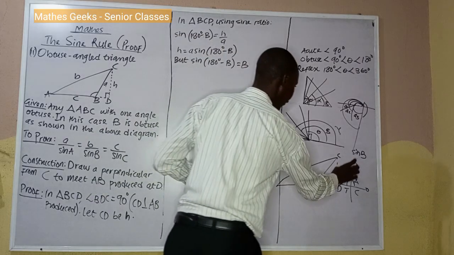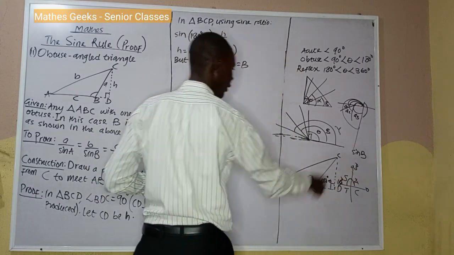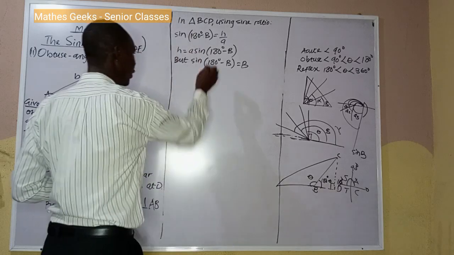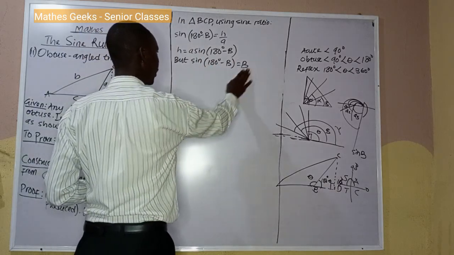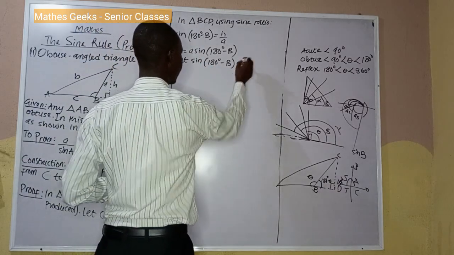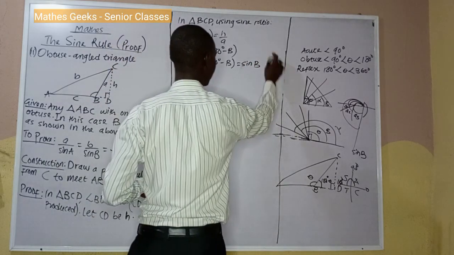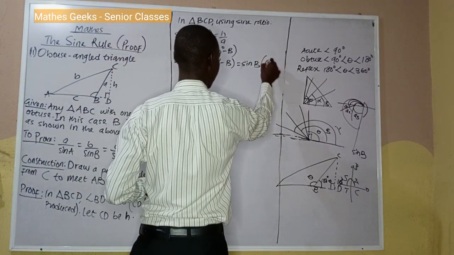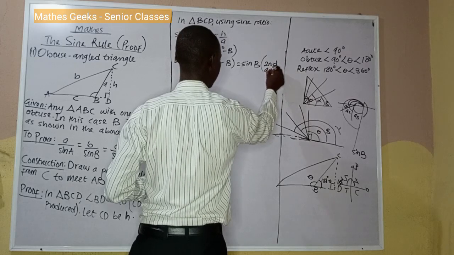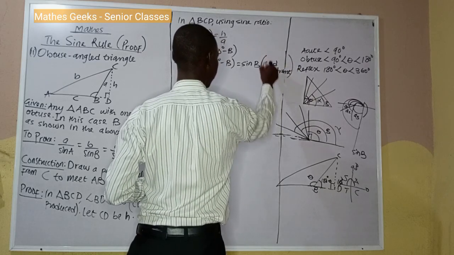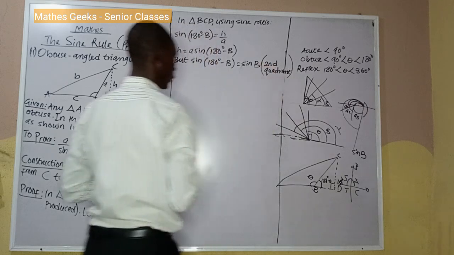The angles that fall within this range are positive, and sine in this quadrant is positive. So we can conveniently say that sine of 180 degrees minus B is the same thing as sine B, because sine is positive in the second quadrant. That's the reason.